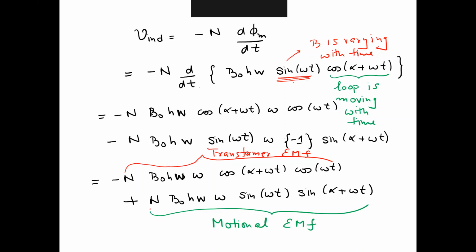My total EMF is given by the sum of the transformer EMF plus the motional EMF. But the way we do this math, both these terms come out, and you can easily differentiate which was coming from the transformer EMF side and which was from the motional EMF side.